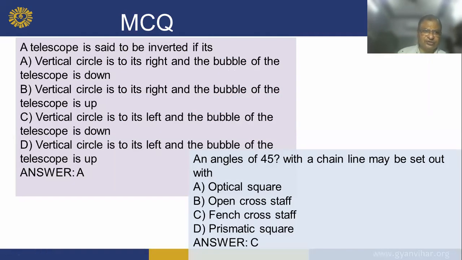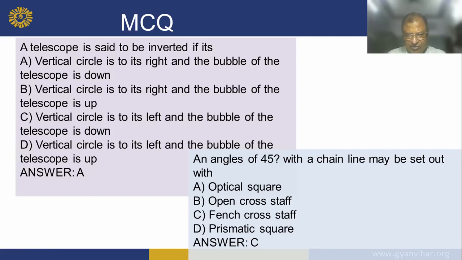Now, next question: a telescope is said to be inverted if its vertical circle is to its right and the bubble of the telescope is down. Is it correct? No, it is not correct. The correct statement is that the vertical circle is to its right and the bubble of the telescope is up.